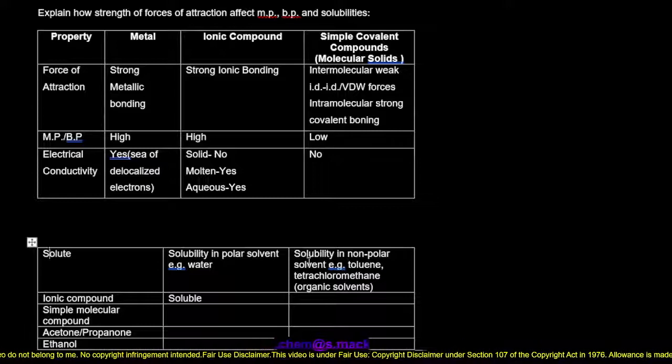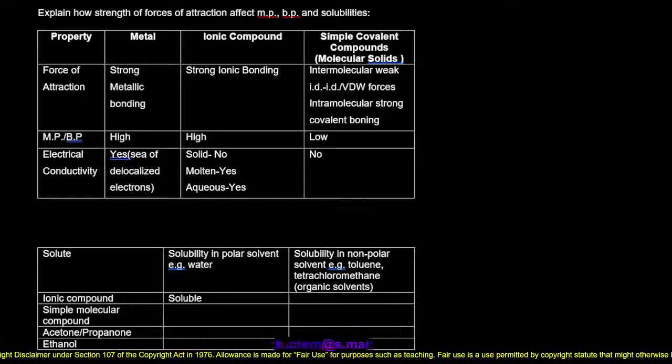Ions having full charges and water molecules having partial charges are able to form ion-solvent interactions, which allows an ionic compound to dissolve in a polar solvent. So there are electrostatic or ion-solvent interactions which occur.